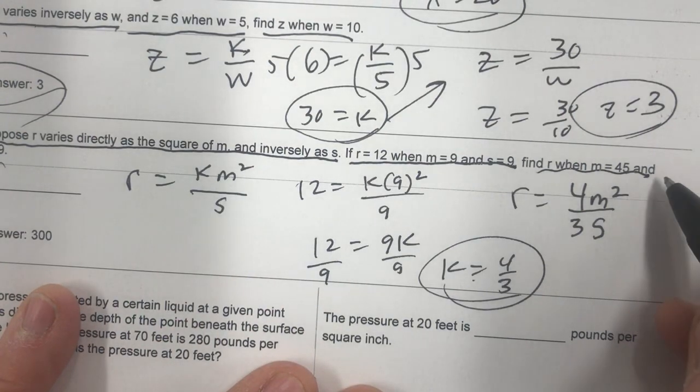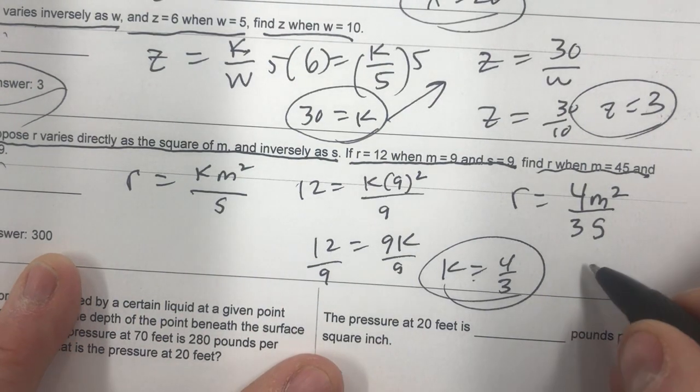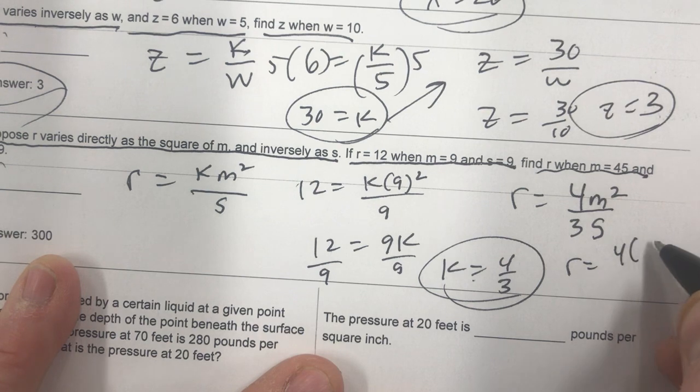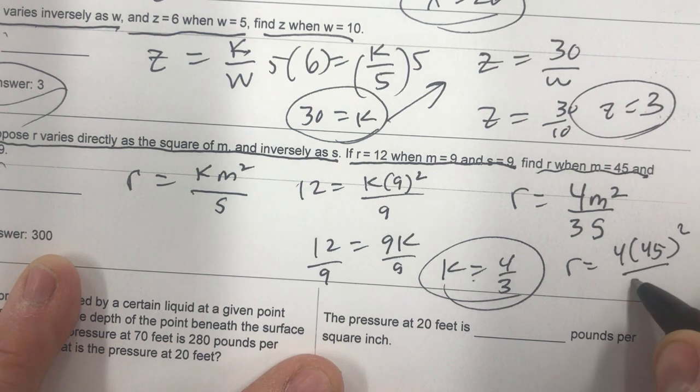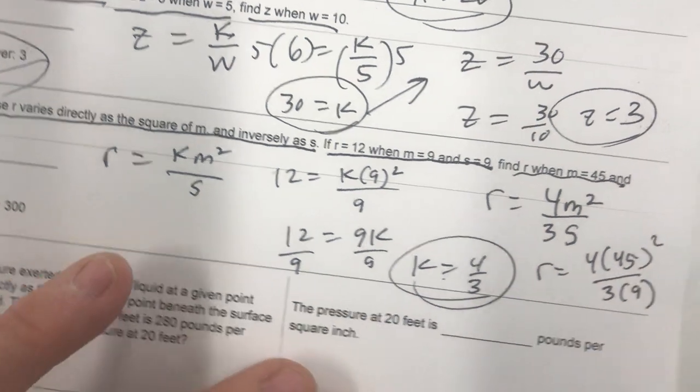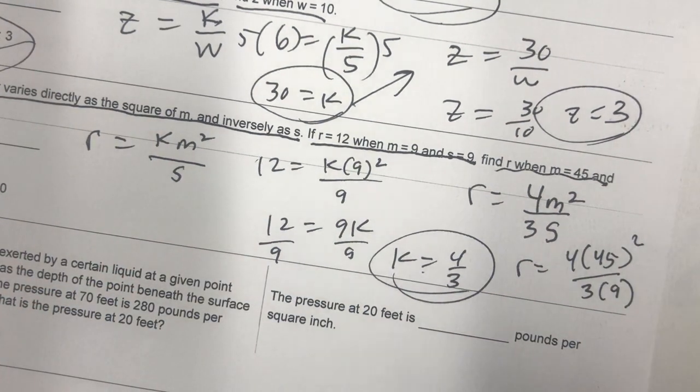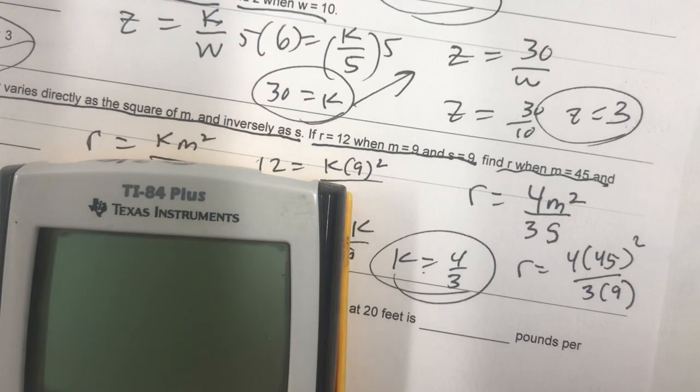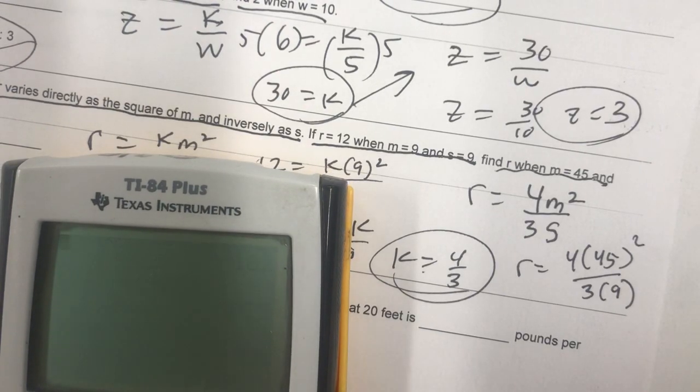This is M is 45 and S is 9. And I'm going to punch it in the calculator because I don't feel like doing it in my head. But now when you punch this in, I'm going to show you this.